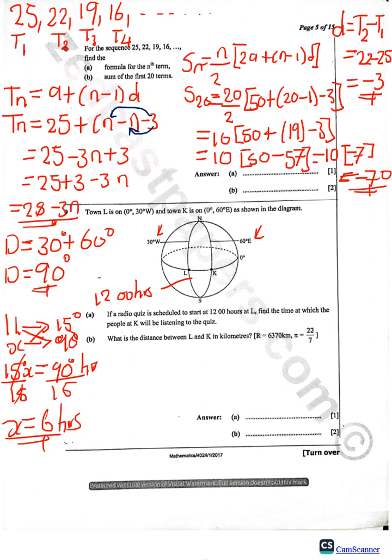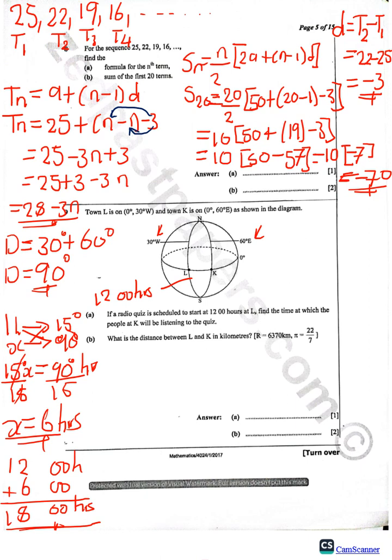So now, after we have found that the difference in hours between town L and K is 6 hours, since we are finding time ahead, we need to add. So what you do is 12 hours plus the 6 hours that we have calculated. So you can see that the people at K will be listening to this quiz at 18 hours.